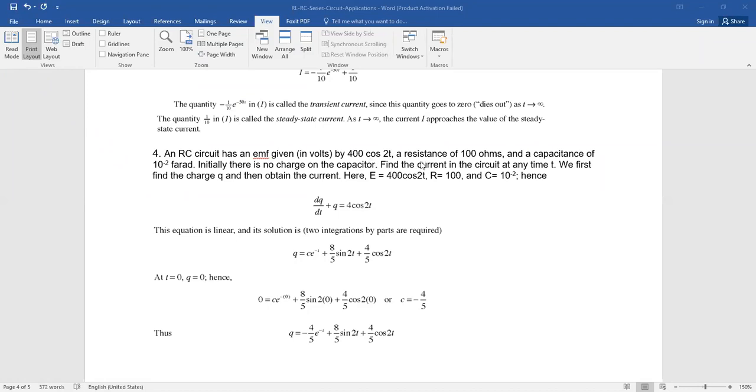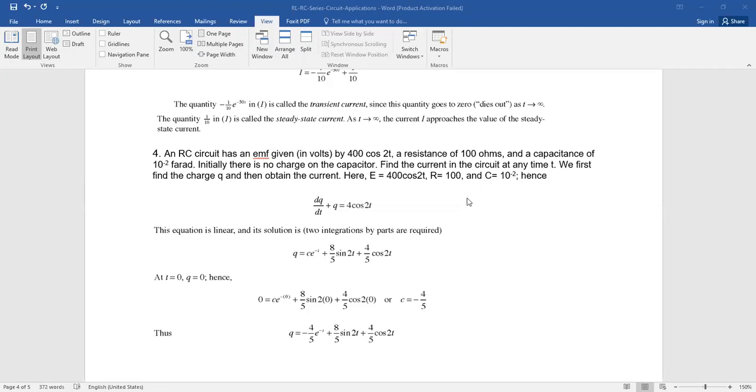So the resistance for this circuit is 100 ohms and the capacitance is 0.01 farad or 10 raised to negative 2 farad. Initially, there is no charge on the capacitor, meaning Q is 0 at time equal to 0. Find the current in the circuit at any time t.